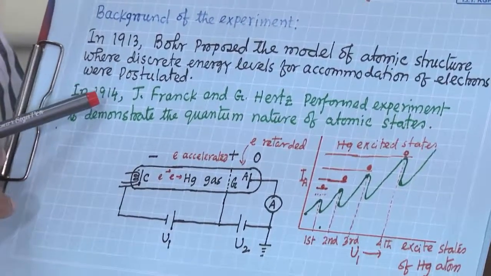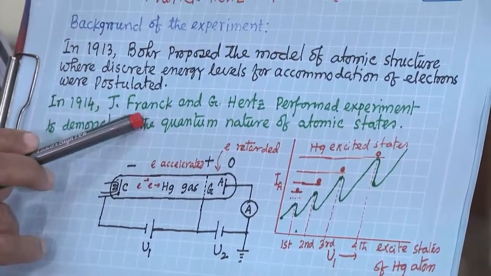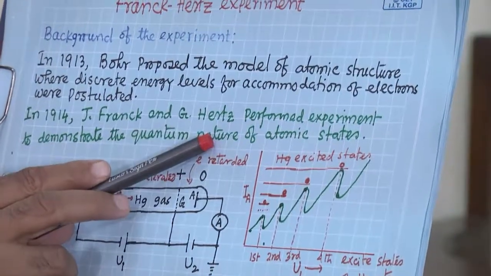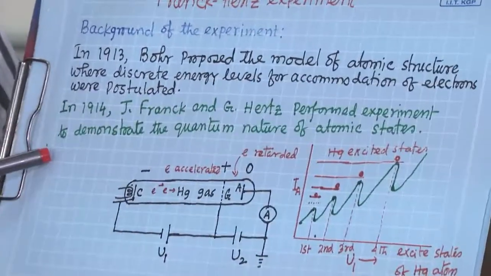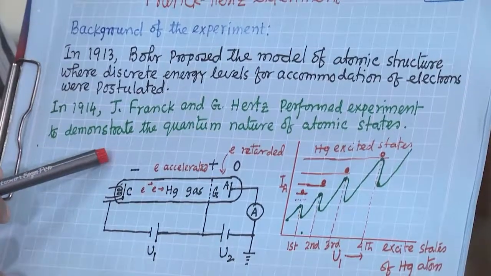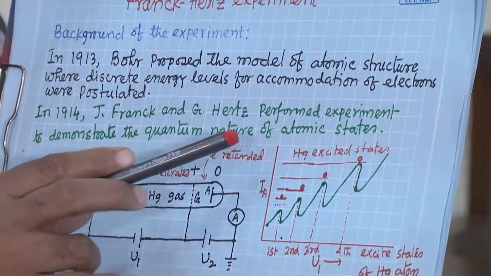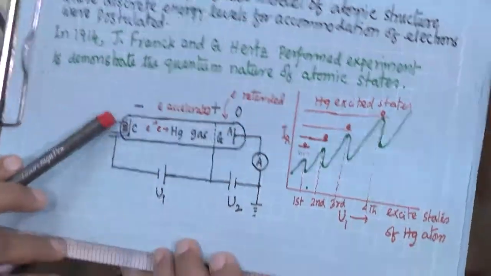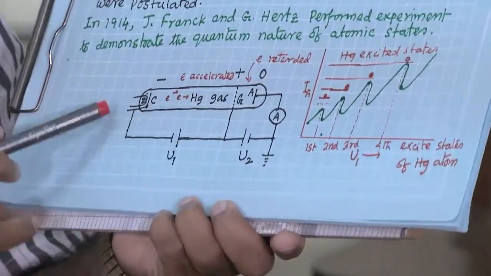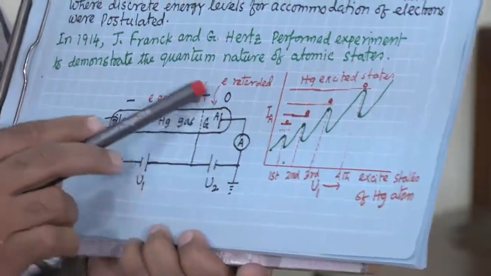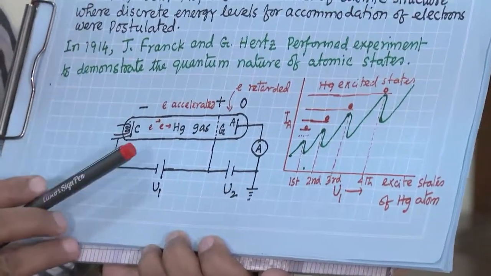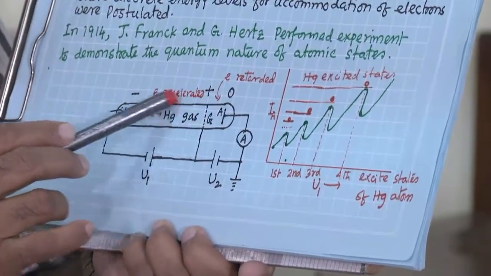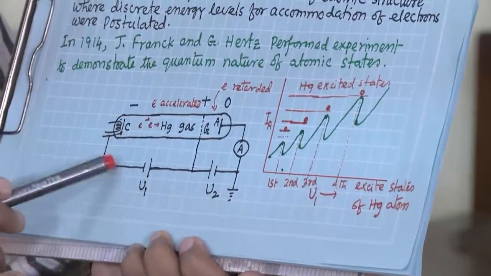In 1914, J. Franck and G. Hertz performed an experiment to demonstrate the quantum nature of atomic states or energy levels. The experimental setup is very simple. This is a glass tube.